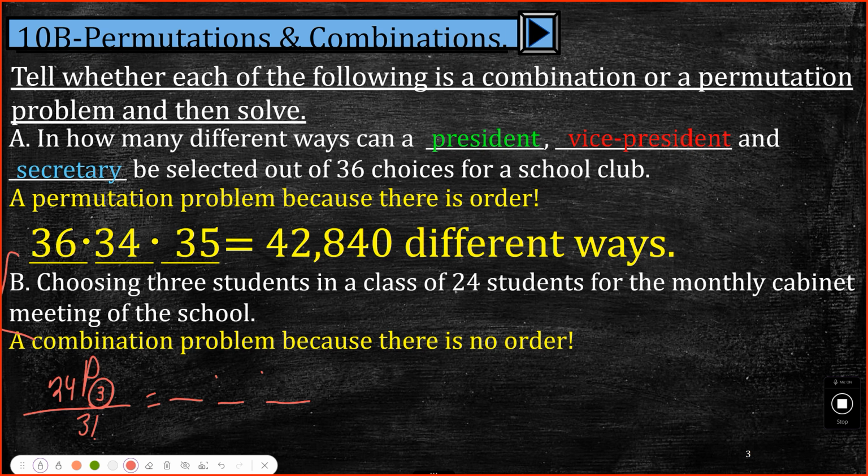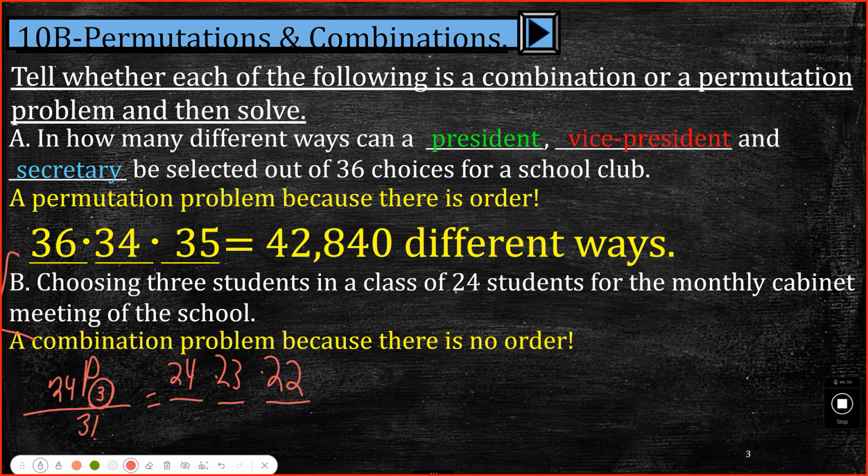So how many could go that I could have chosen? 24, then 23, then 22. And then get rid of the repeats of whoever I already chose. It doesn't matter the order of who I chose. This person better not feel more special than that person.